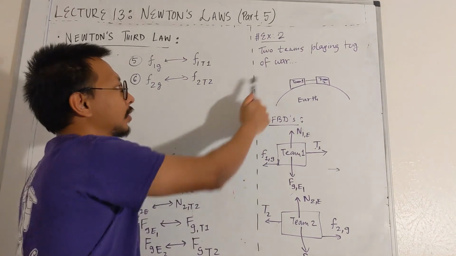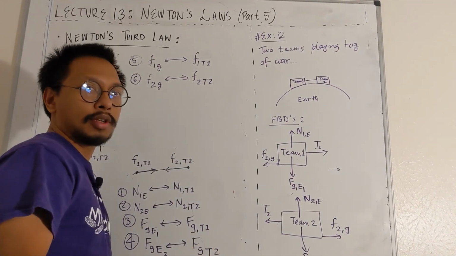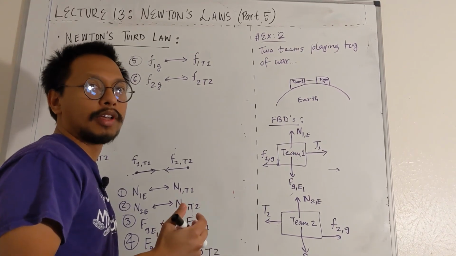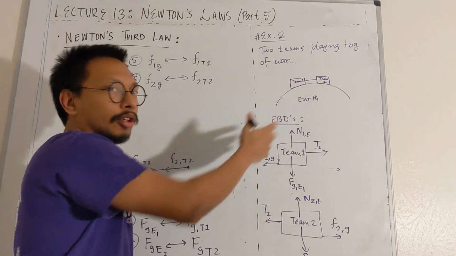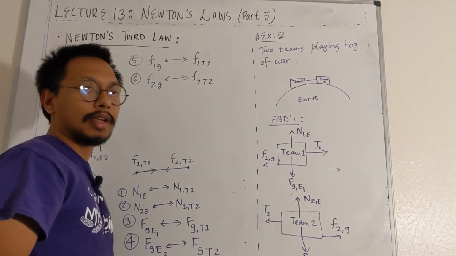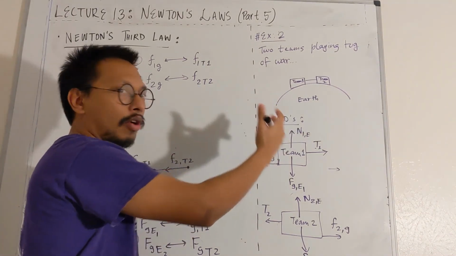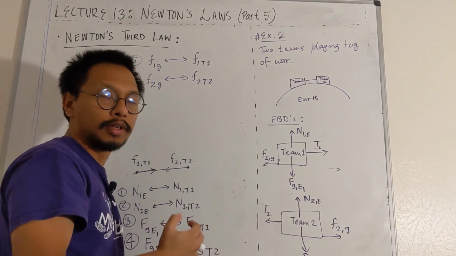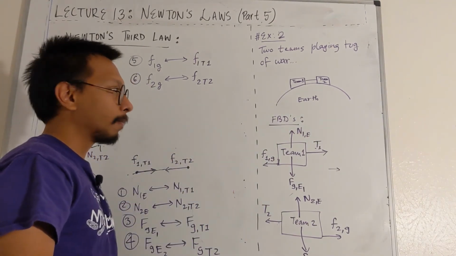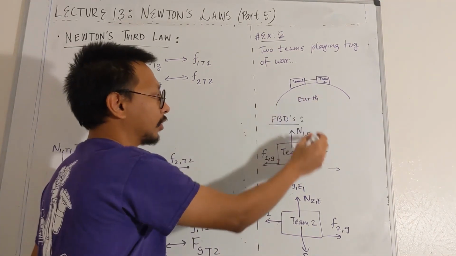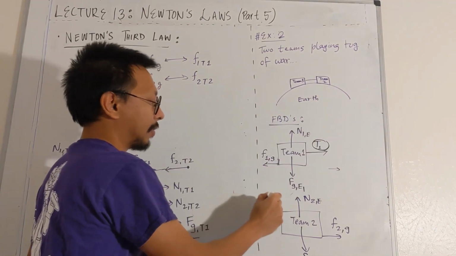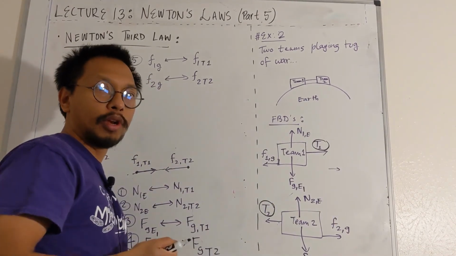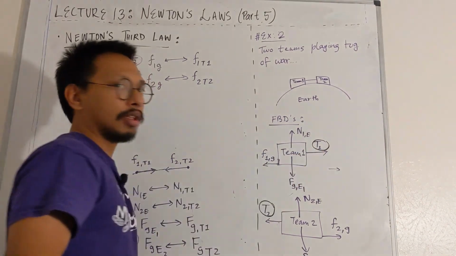Now remember, these two teams were engaged or locked in a game of tug of war. So none of the teams were exerting enough force to bring the other team down. Hence we can say that overall the game hasn't tilted to one side. No one's winning. That would mean that both teams, T1 and T2, will exert the same amount of pulling force on the rope, which would be the tension force.